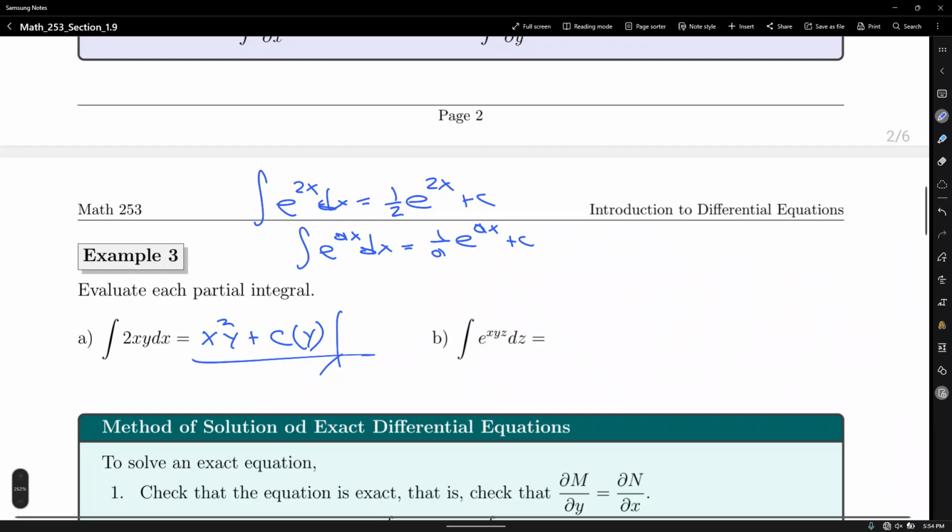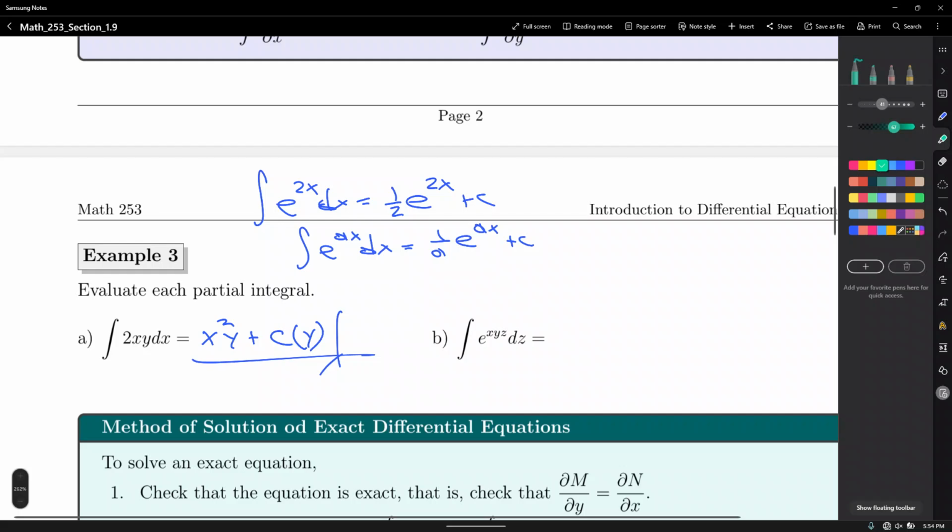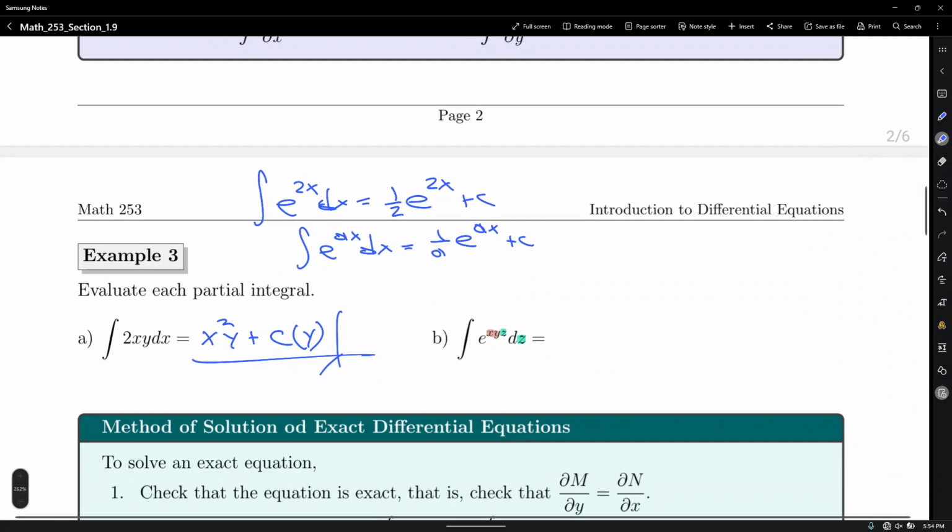So we're going to use the same principle here to evaluate this integral. In this case, we are integrating with respect to the variable z, so focus on integrating with respect to z. Everything else, x and y, is just going to be a multiple constant. The integral of an exponential is itself, e to the xyz, times 1 over a.